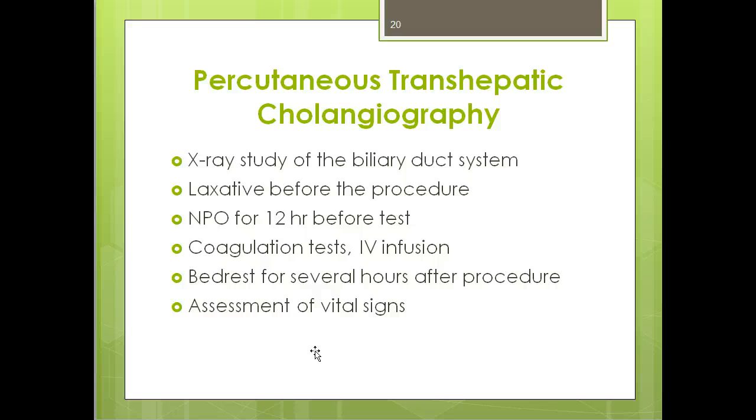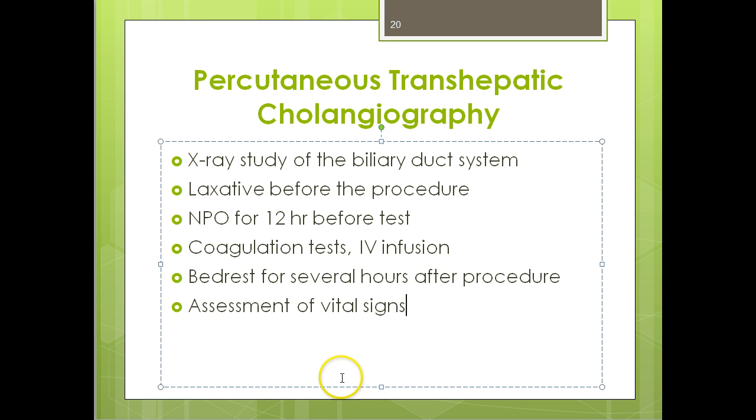They're going to do a coagulation test, and they're going to have an IV infusion, and you'll be on bed rest for several hours after the procedure, and they're going to assess the vital signs. So basically, that's the type of things that you would tell a person post procedure for those specific procedures.